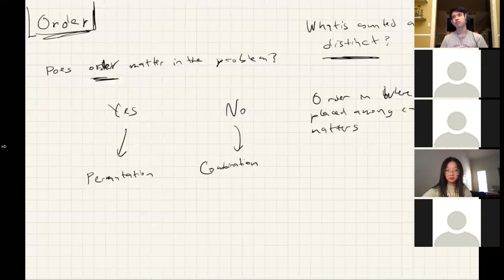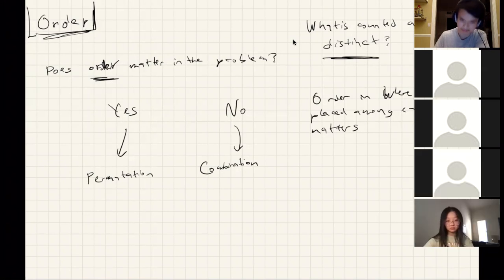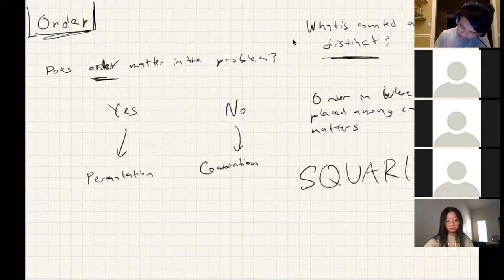So one way to think about this is, let's say you have a word, like square. The English language is an example of something where the order in which you place the letters in whatever you're writing matters.